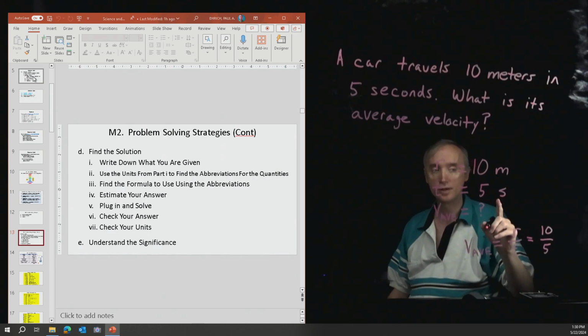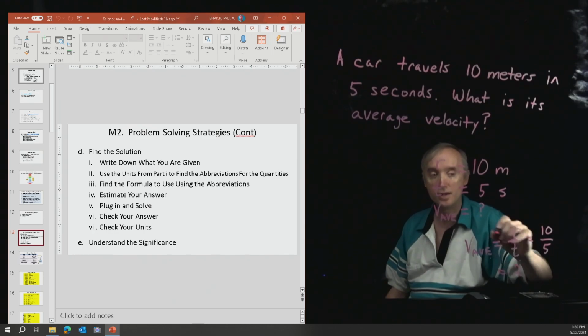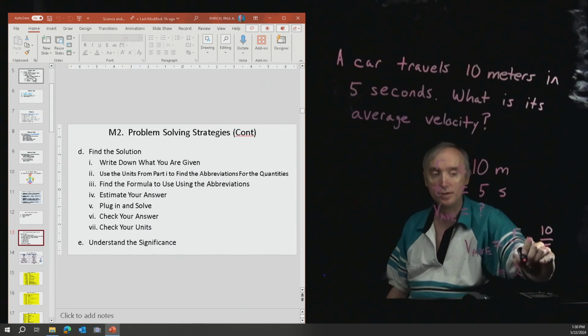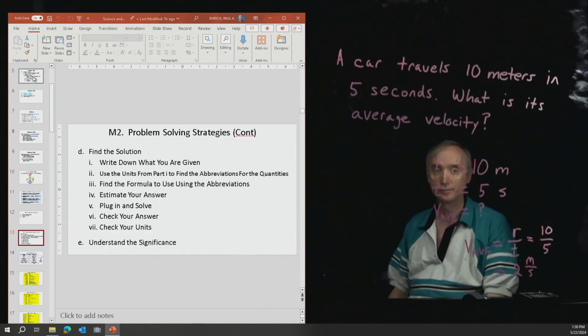The important thing is that once you get your final answer, which is 10 divided by 5 is going to be 2, then you do have to put the units in there. So it's going to be 2 and then meters divided by seconds, so that the average speed of this car is going to be 2 meters per second.